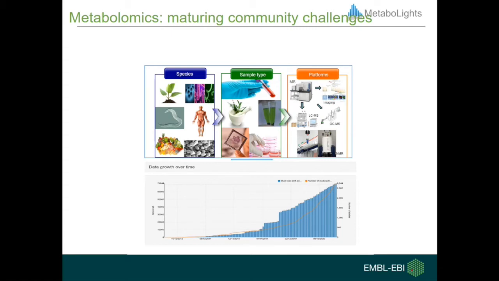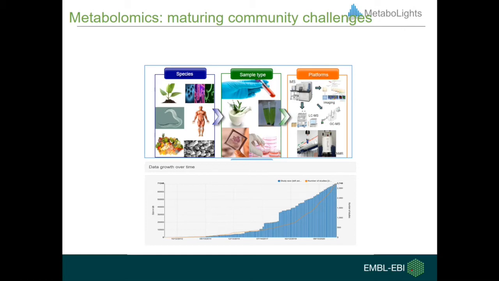First of all, it's across many species, many sample types and platforms. And as you can see from the growth chart below, the data has pretty much exploded in the last 3 years. I took over in January 2017, and the community began to submit. I don't think that was directly related to me, but it was a timely time to take over a resource which traditionally had been more of a research effort.